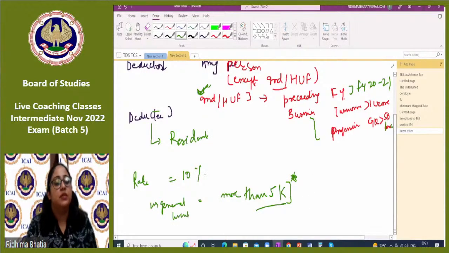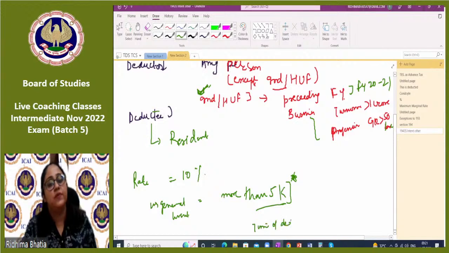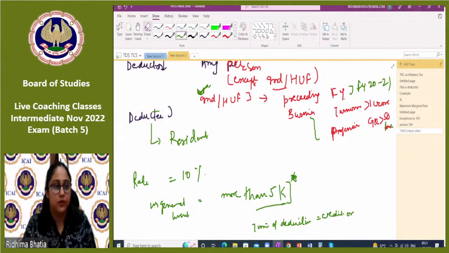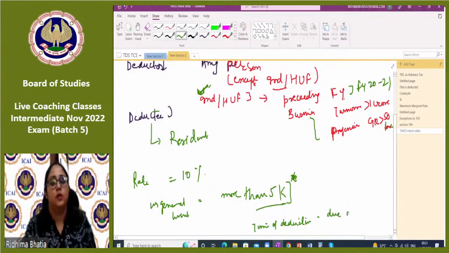In general, the limit is 5,000. अभी तक किसी को doubt? Time of deduction is credit or payment, whichever is earlier, or due or paid, whichever is earlier, I should write. Due or payment, whichever is earlier.